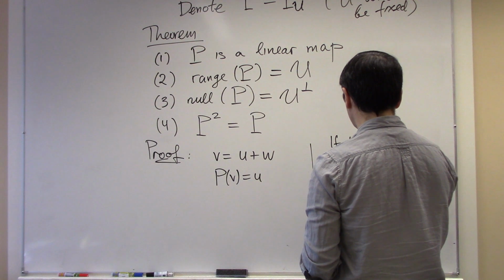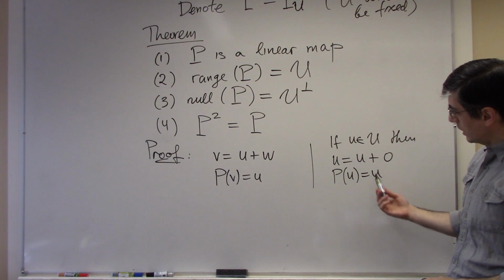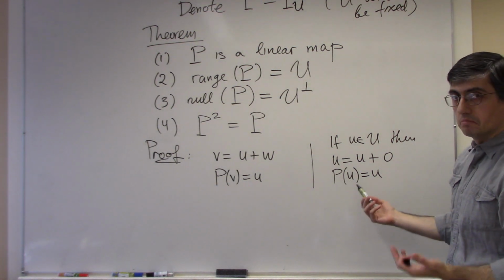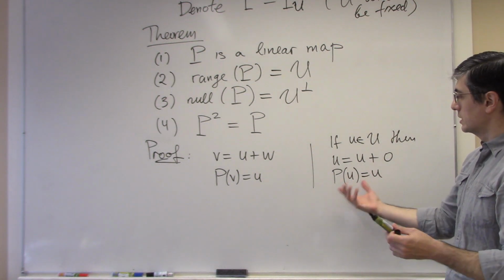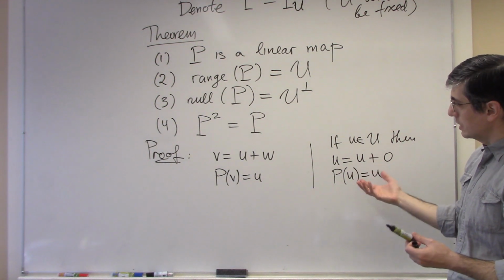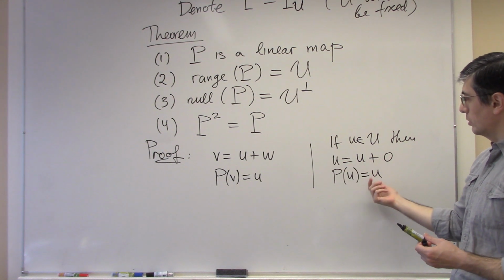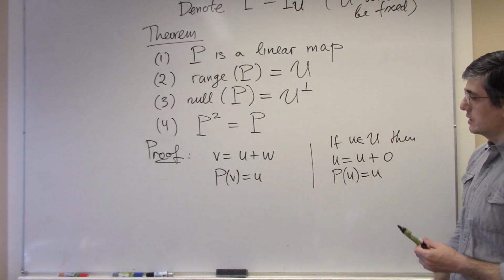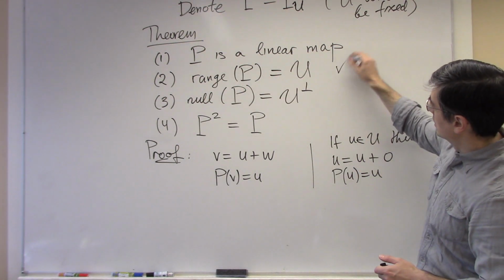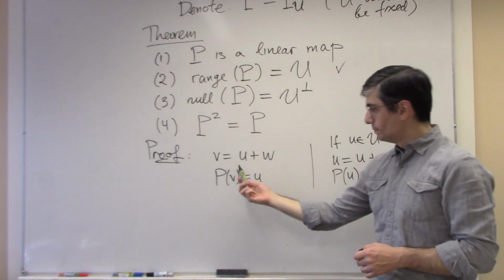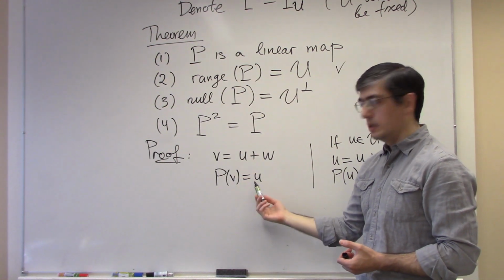So PU is actually U. So you can get U as the image of U under P. It's a simplistic way of looking at this, but we just exhibited at least one U that maps to a given vector in this subspace. So it means that the range of P is the whole U. So this is proved.